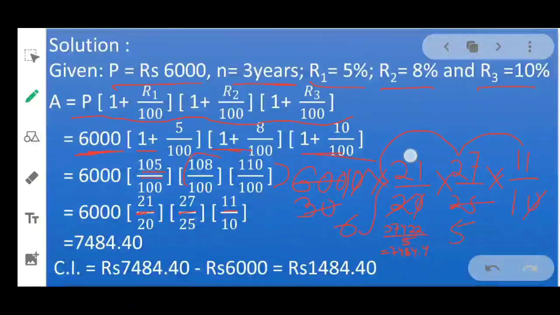Okay, so this will be 7484.40. So the compound interest will be amount minus principal, that is 1484.40 rupees. Clear?